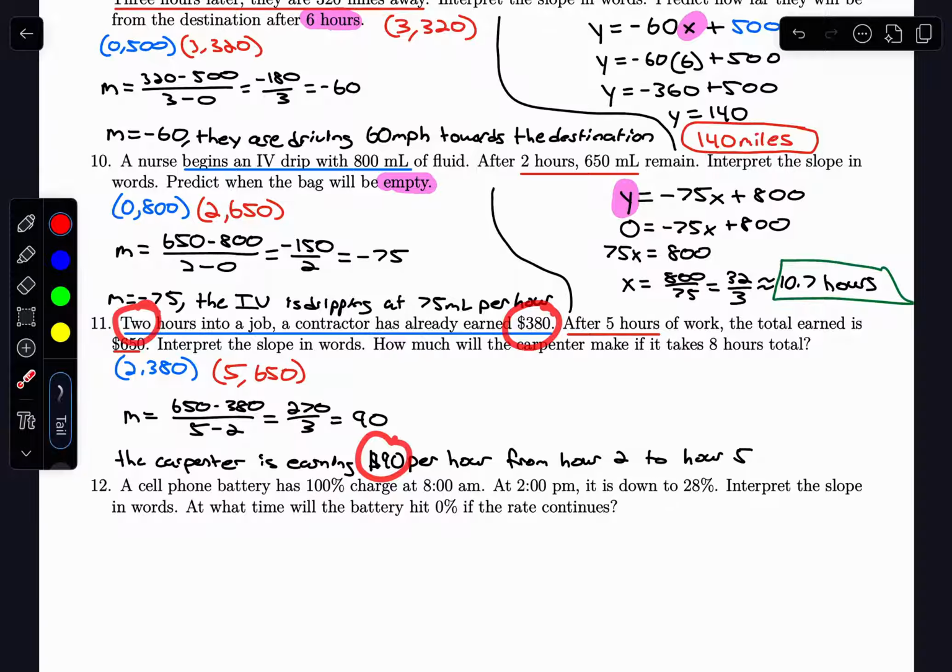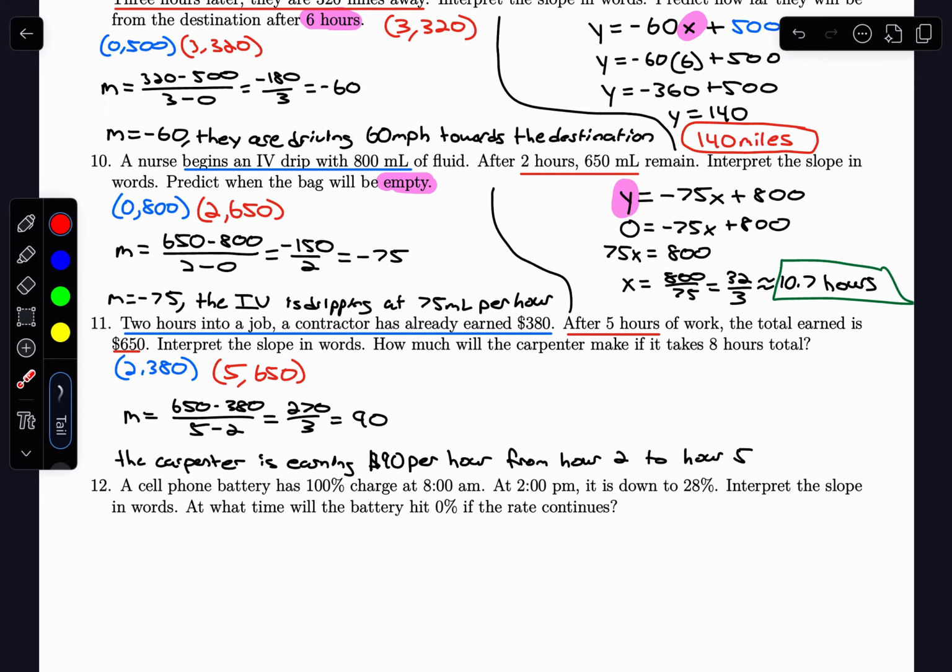Okay, so per hour, the carpenter is earning $90, but the carpenter earned $200 before they even started working, because that's how they had to get to this 380 number. So maybe that $200 covers the expenses of the materials. So now when it says how much will a carpenter make if it takes 8 hours total, we can't just multiply 90 times 8, because that's not going to account for the extra $200 at the beginning.